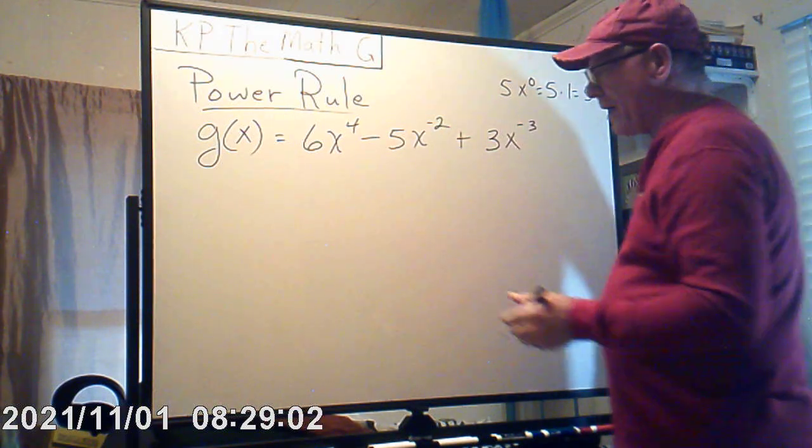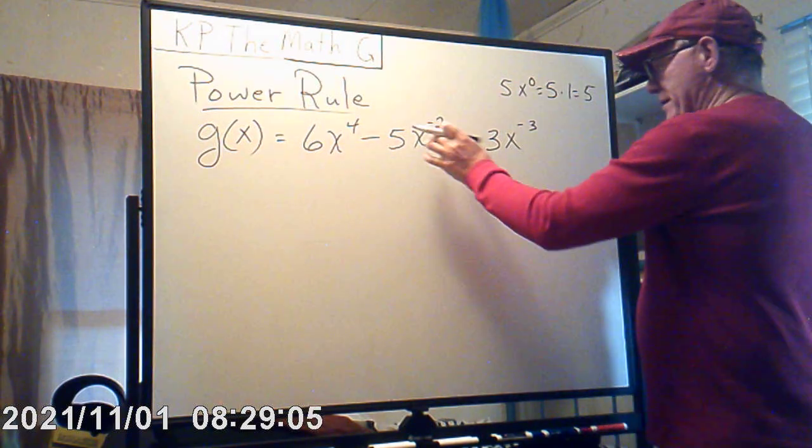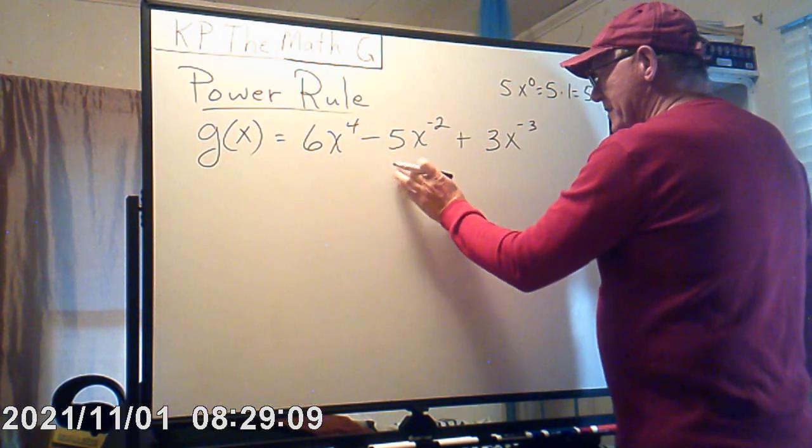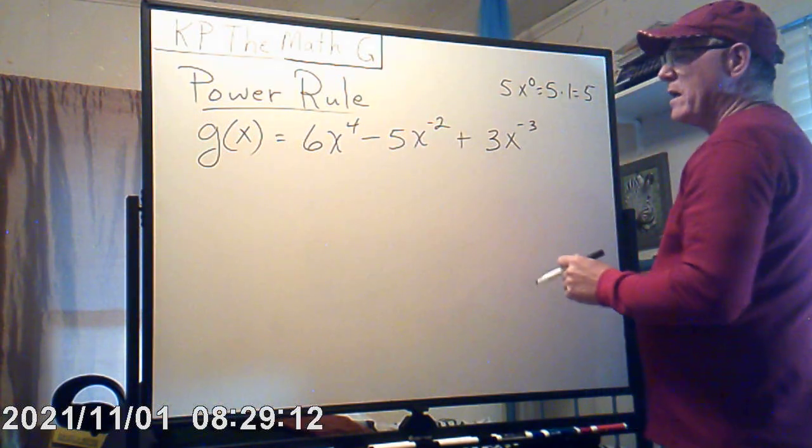And say, well, KP, can we just rewrite this? If you have a negative exponent, you can rewrite this and have a positive exponent in the denominator. You certainly can.